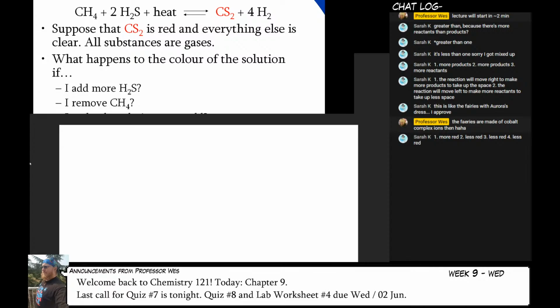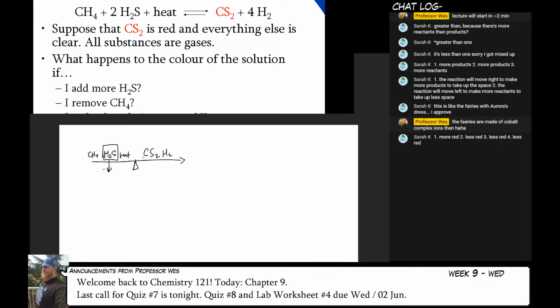So, okay. For the first one, if I add more H2S, so I'm at equilibrium, I've got CH4, H2S, and then heat. So here's what I have. If I add more of this and make this bigger, then I have too many reactants, and so my equilibrium will no longer be at equilibrium.